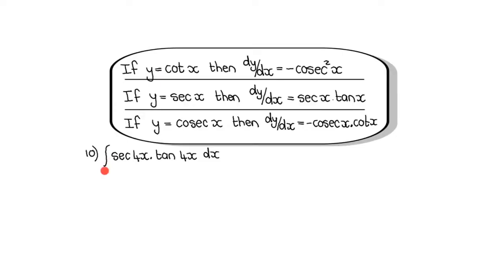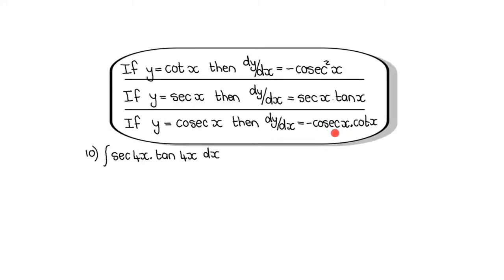They might ask me, what is the integral of sec 4x tan 4x dx? So, again, if you search through your list of integration rules, you won't find a rule. But if I look through the differentiation rules, I see here cosec x cot x, no, it's not this one, sec x tan x.